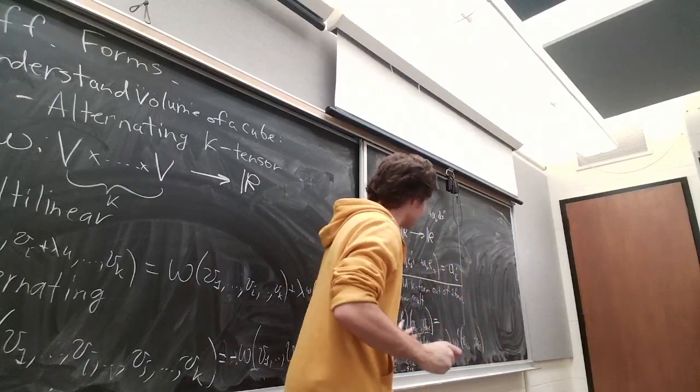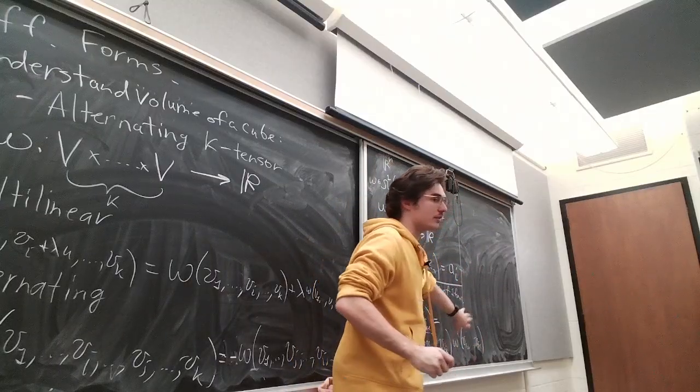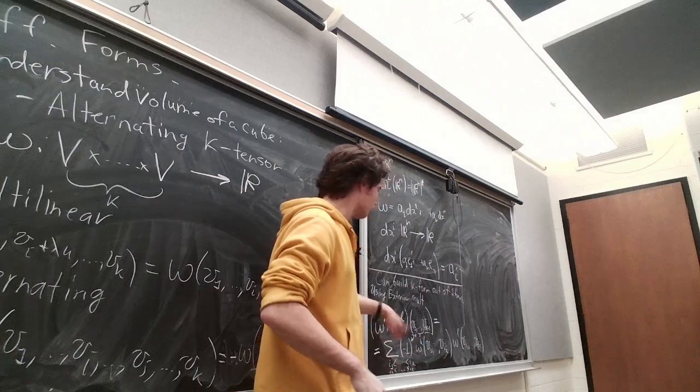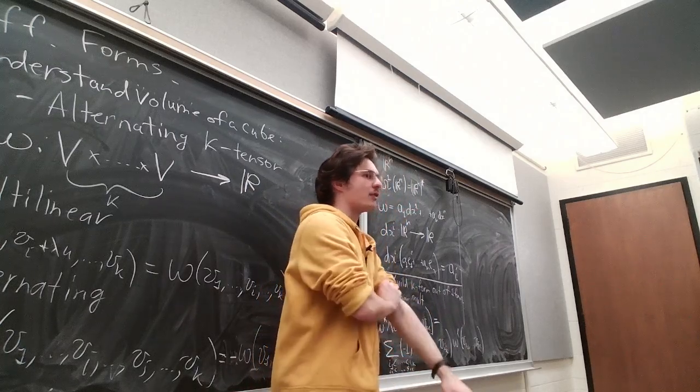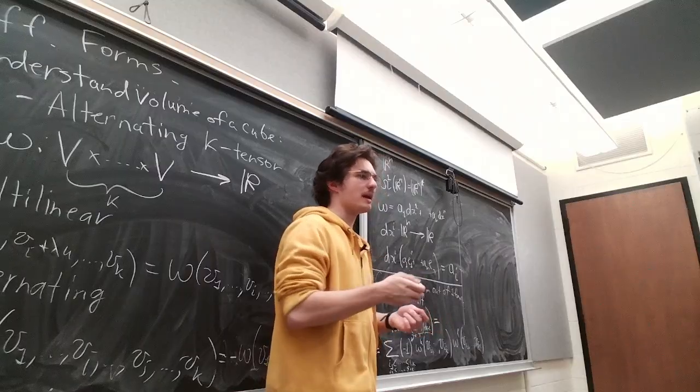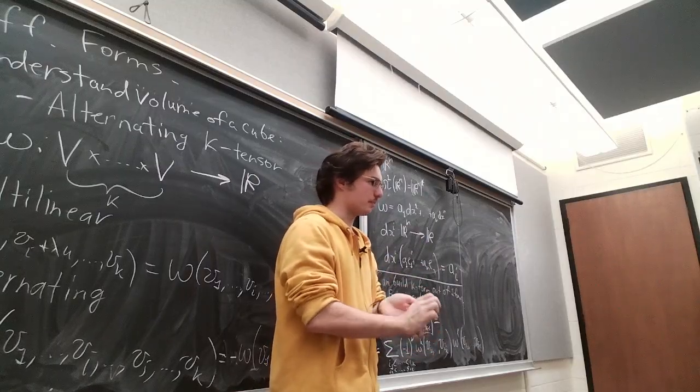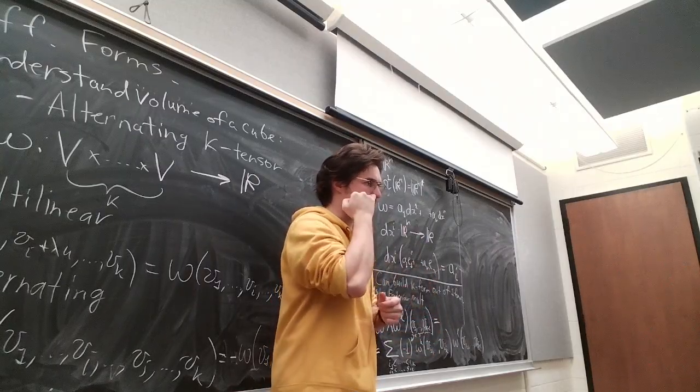And the point is that in the end, I get something that is alternating and multilinear. Okay, so now using this definition, I have a way to take a k-form and an l-form and get a k plus l form. Do you agree?